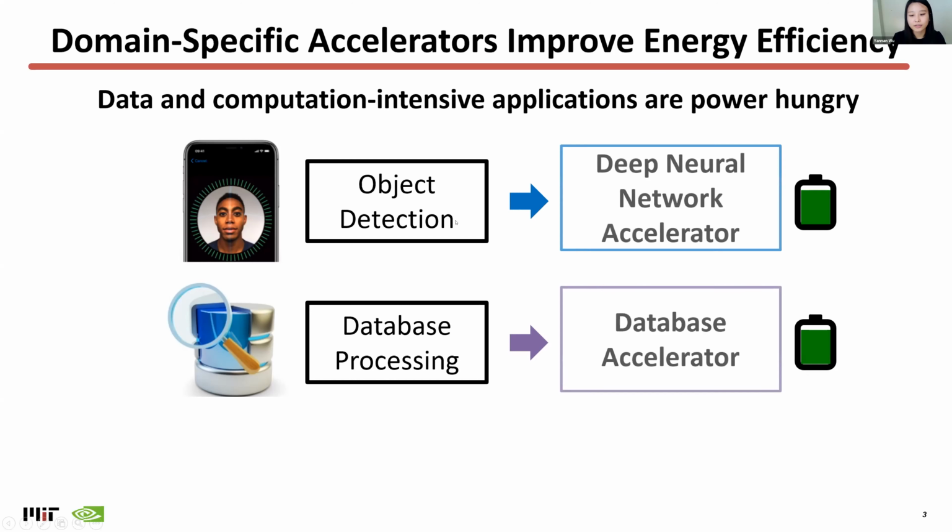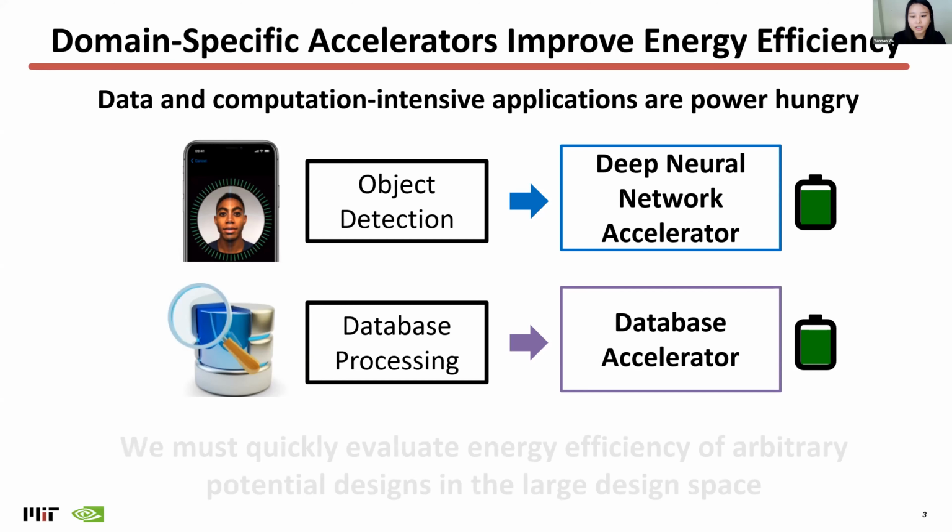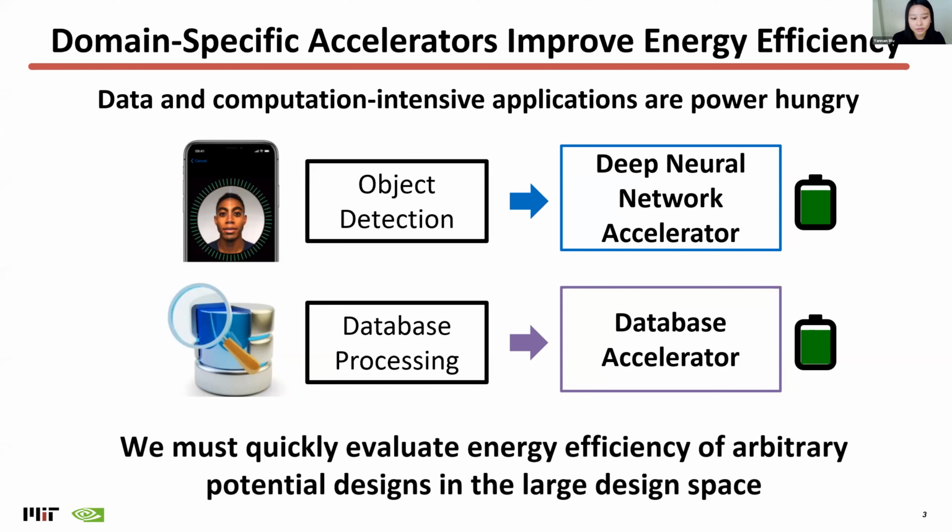So we could have the deep neural network accelerator designs, which were talked about extensively by Ashu in the last section. And another example could be database accelerators that are targeted to database processing applications. So since different types of these accelerators are optimized for different domains of applications, we have a very large and diverse design space of accelerators.